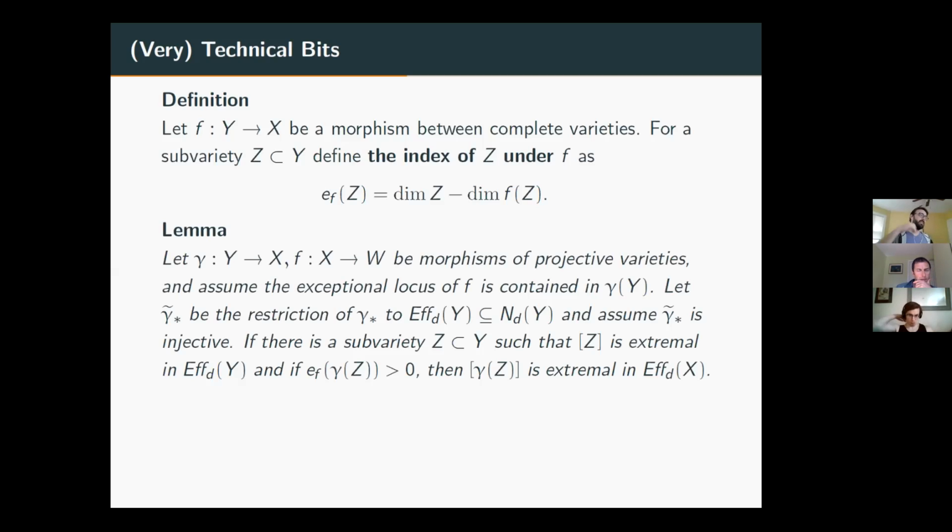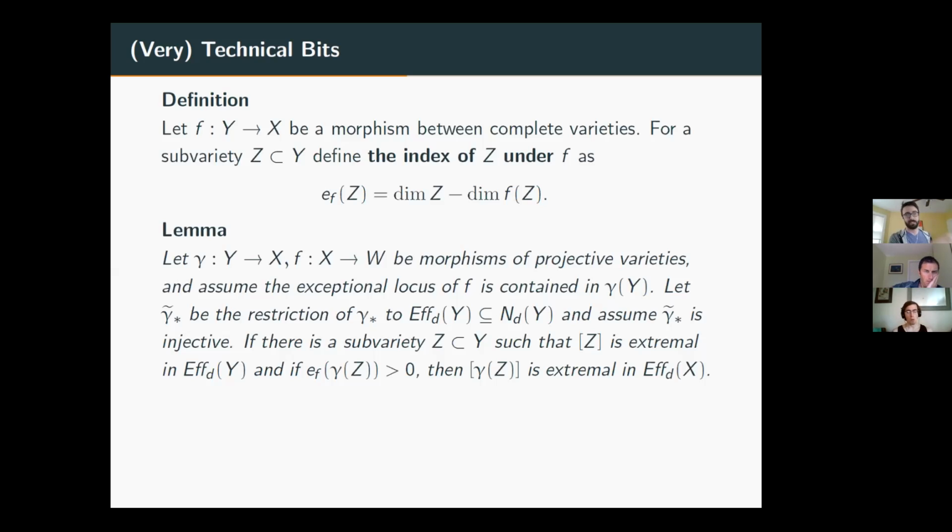If we look at the restriction of the push forward to the effective cone, and we request that that restriction of the push forward is injective, okay, we're going to assume it's injective, then if we have an extremal subvariety z in y, and if the index is positive, then the class of the image of the subvariety is extremal in X as well.